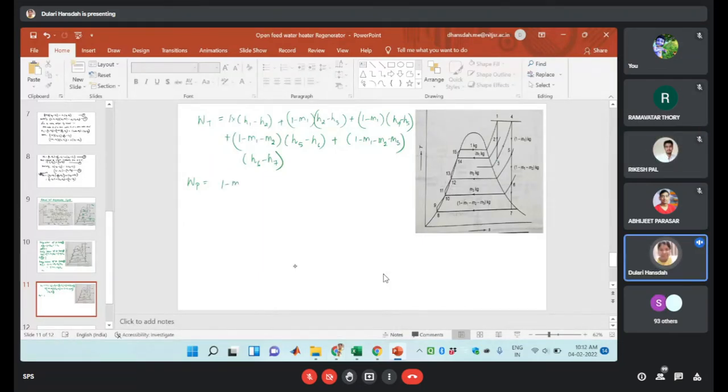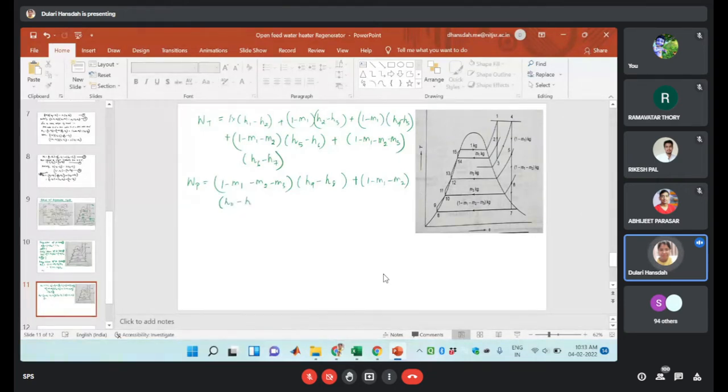Okay, so we can write down that one. In case of the process 8 to 9, the mass is 1 minus m1 minus m2 minus m3. The enthalpy change is H9 minus H8. Similarly, for pump 2, that is 10 to 11, the mass will be 1 minus m1 minus m2. The enthalpy change is H11 minus H10.